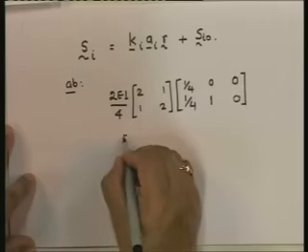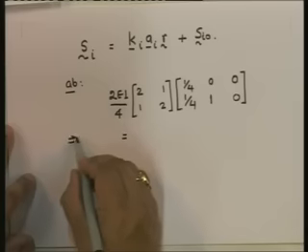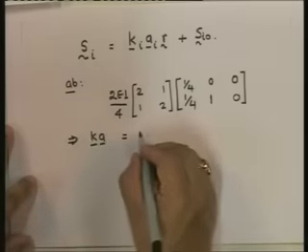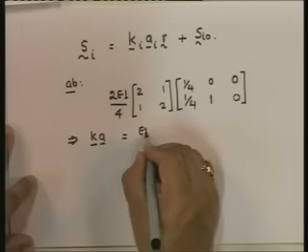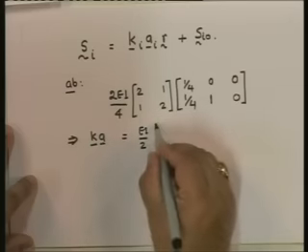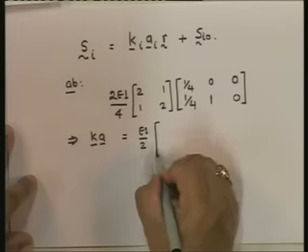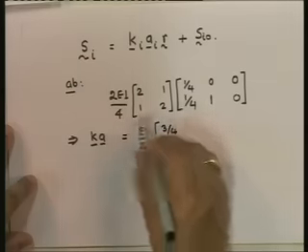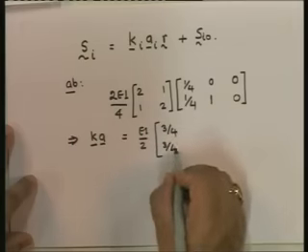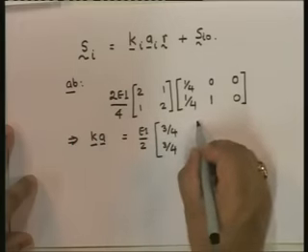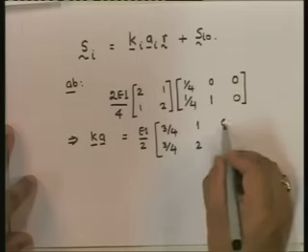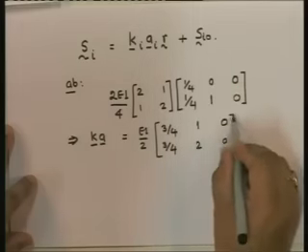So this implies that K into A is equal to, I'm going to keep the outside as EI upon 2, and the inside then becomes 2 by 4 plus 1 by 4 is 3 by 4, this way 3 by 4, this way 1, this way 2, and this way 0 and 0.